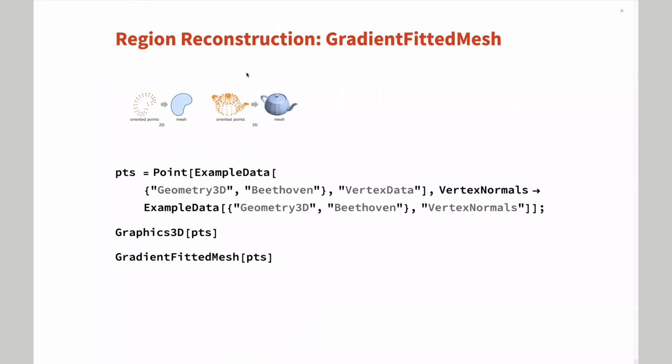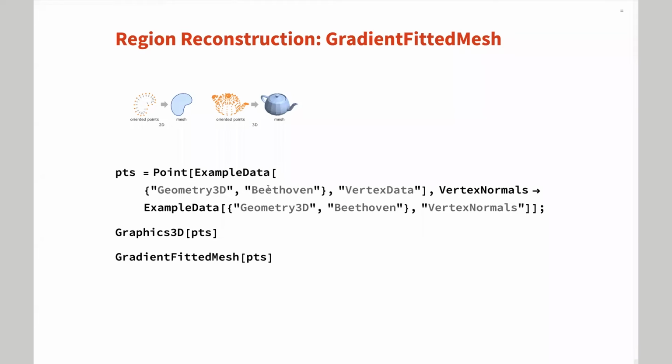The next reconstruction technique we introduce is gradient fitted mesh, which is what people usually call the Poisson mesh or Poisson surface reconstruction. If you have a set of oriented points in 2D or 3D, you can solve the Poisson equation on top of it to find the indicator function, which gives you the boundary of the set you want to approximate.